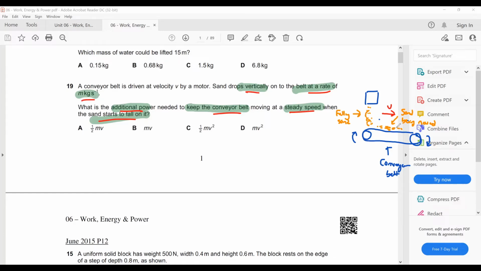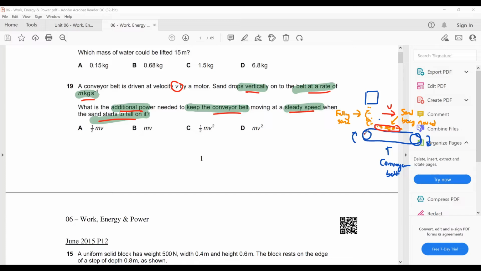So this amount of sand that you have here, what's the additional power that you need in order to move it at a steady speed of v? Okay, yeah, so the steady speed is v because the question already told you here. The conveyor belt is being driven at the velocity of v by a motor.